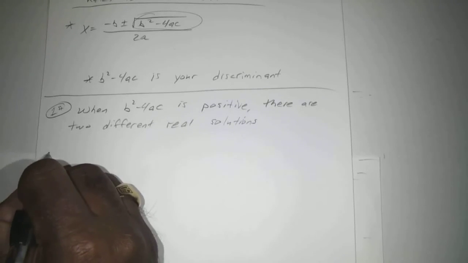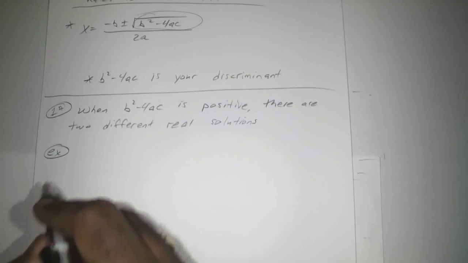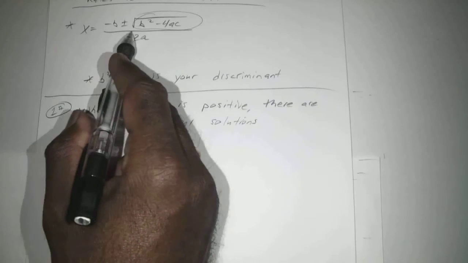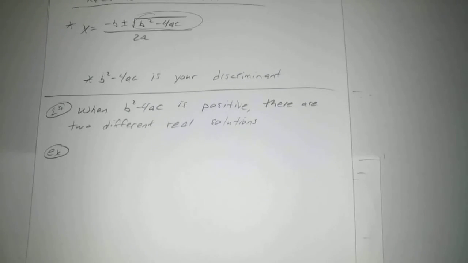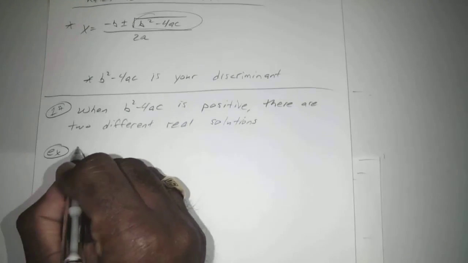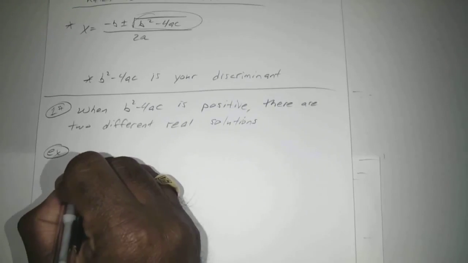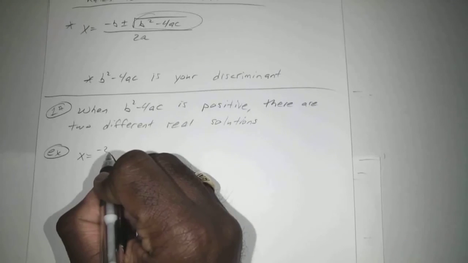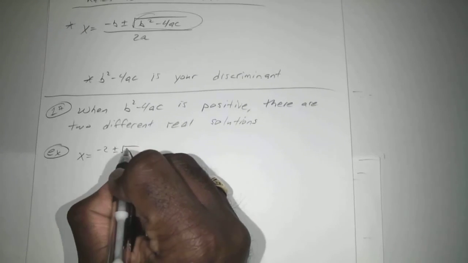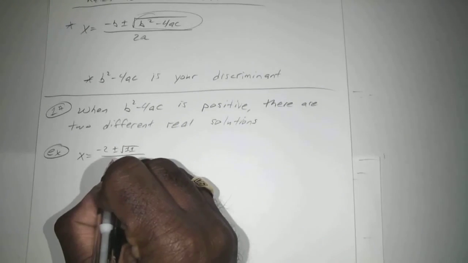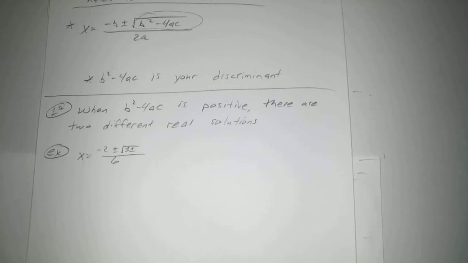Okay, so let's say, for example, we know that x is equal to negative b plus or minus the square root of b squared minus 4ac all over 2a. Let's say our b is equal to negative 2, and x is equal to 2 plus or minus the square root of 11 all over 6.